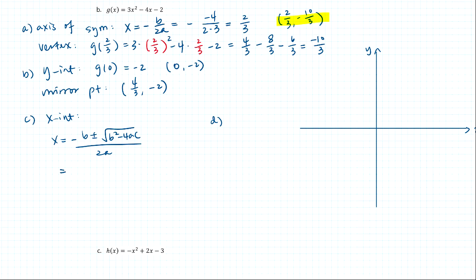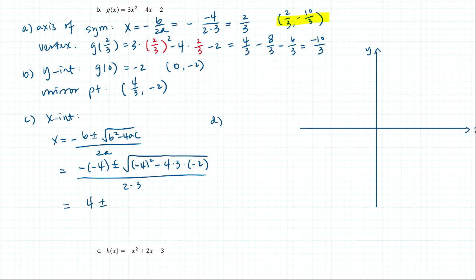And for x-intercept, we are going to go ahead and plug things in. Negative b is negative of negative 4 plus minus square root of negative 4 squared minus 4 times a, which is 3, times c, which is negative 2. And this is all over 2a, which is 2 times 3. And altogether, we get 4 plus minus.